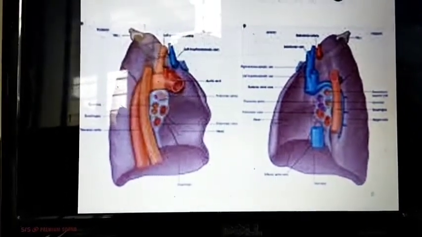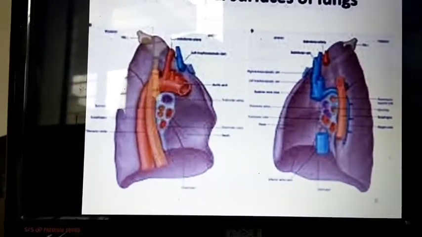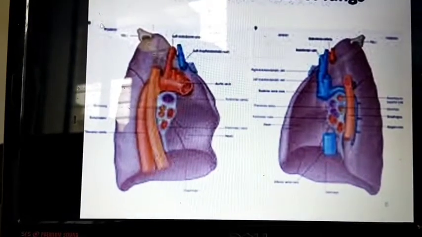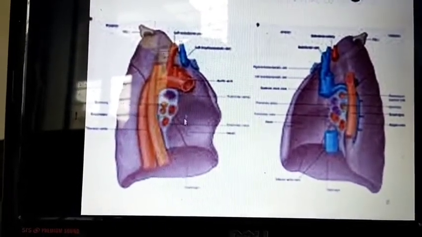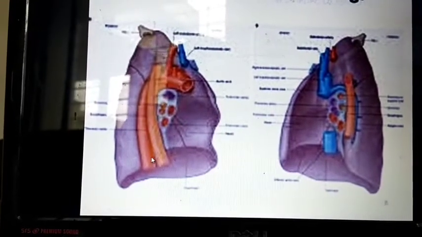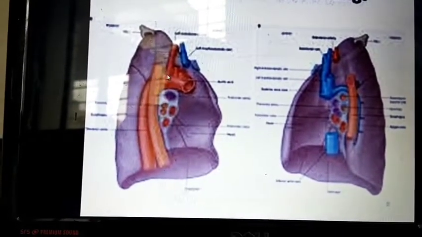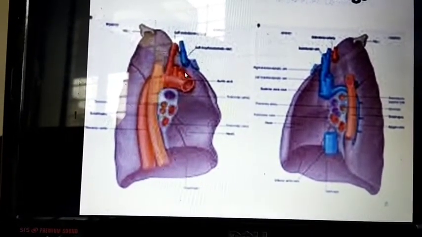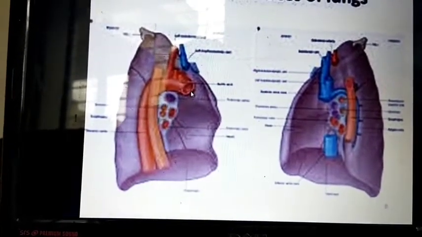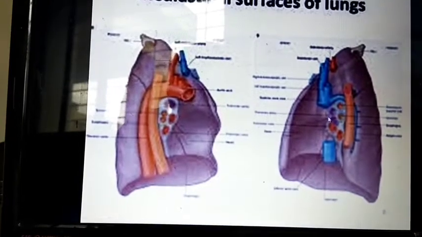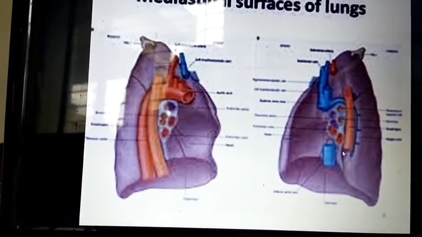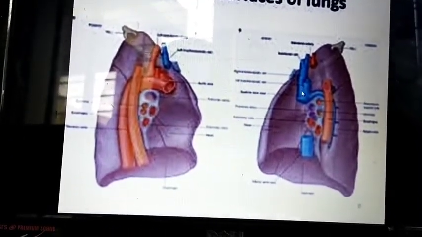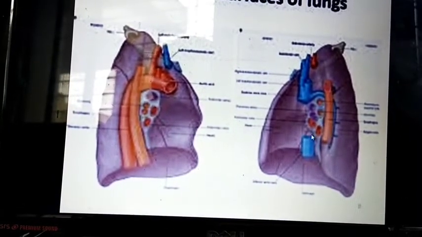On the right side, you can see here on the medial surface the cardiac impression, the esophagus impression, the thoracic aorta, the arch of aorta, the subclavian, and the inferior vena cava.